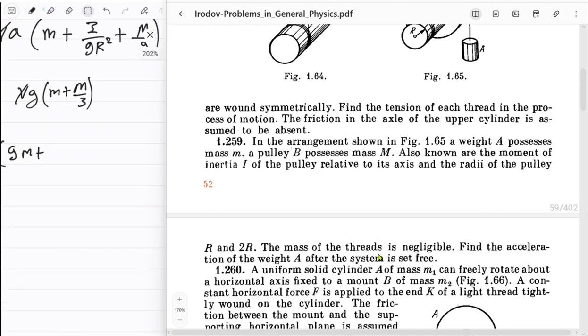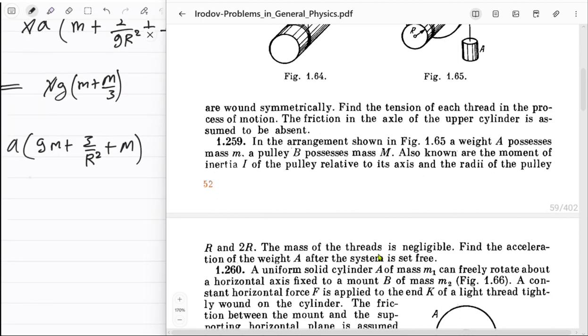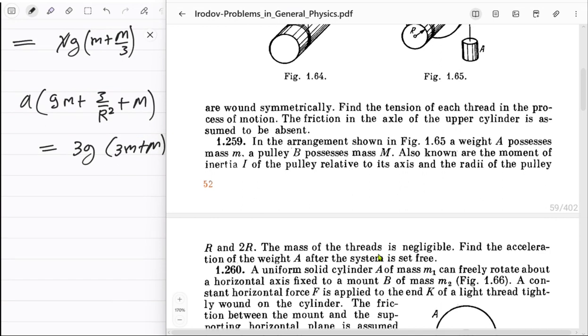I wish I could use I equal to gamma m R squared here as well, but no, I can't. And you've got this thing plus M, equal to g times 3m plus M. Just do the R squared stuff.